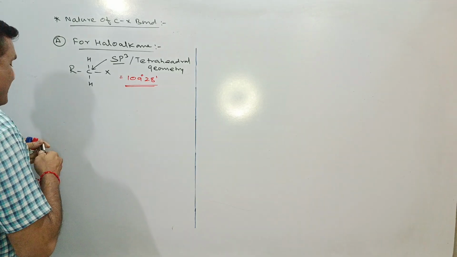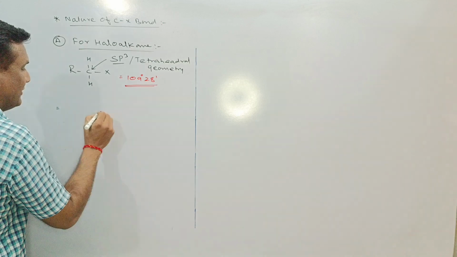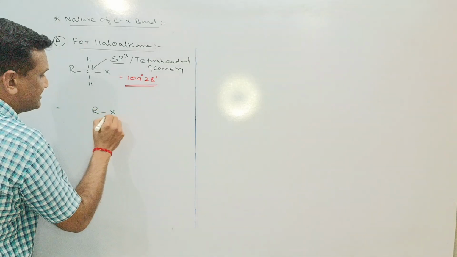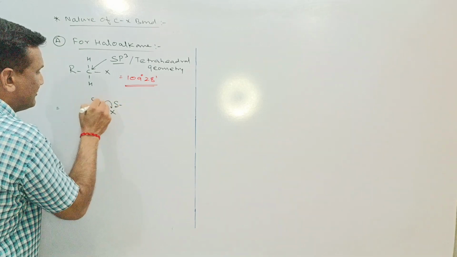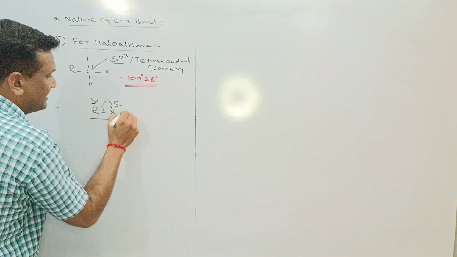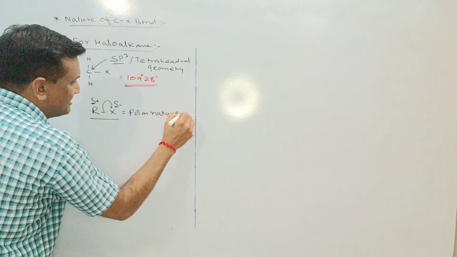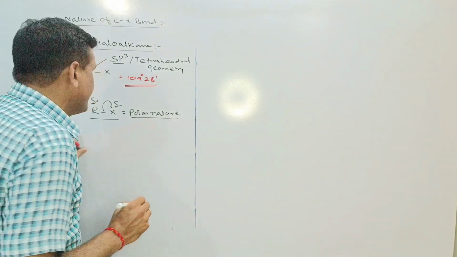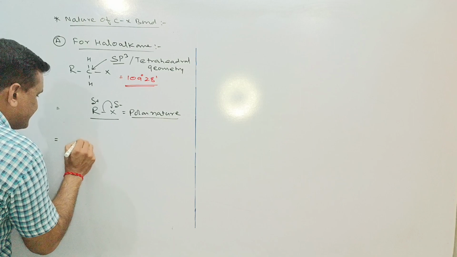Now it's time to discuss the nature. In haloalkane, this is the formula RX. The electronegativity of the halogen atom is larger than the alkyl group. So we can say that it exhibits polar nature due to having partial charge. Haloalkane or alkyl halide exhibits polar nature, and due to polar nature, the following kinds of bond also exist.